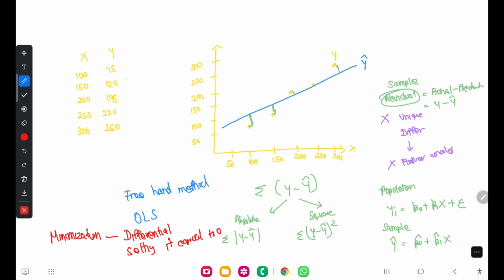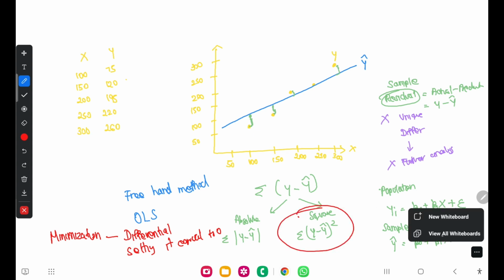So we have y minus y cap, the error, and the sum of errors is what we have to minimize. Since we can't, we use the sum of squares of the errors.